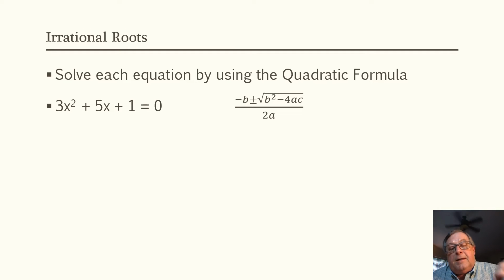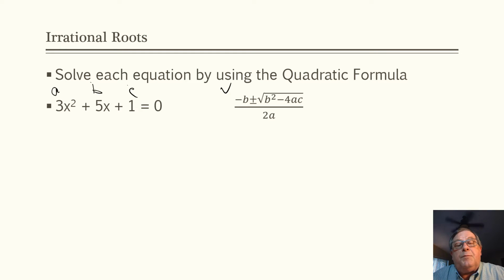Now, so here we got the quadratic formula, negative b plus or minus the square root of b squared minus 4ac over 2a. We know that a is the coefficient of the quadratic term, b is the coefficient of the linear term, and c is the constant. And we just plug and chug our way through this.